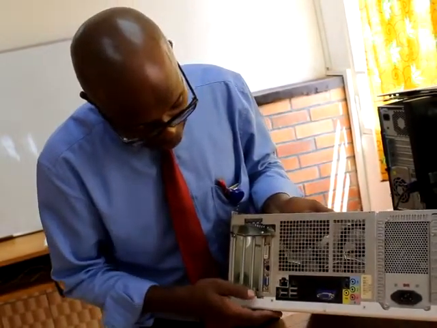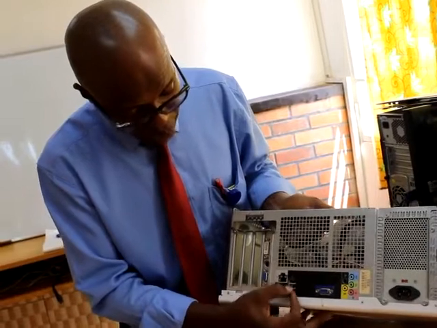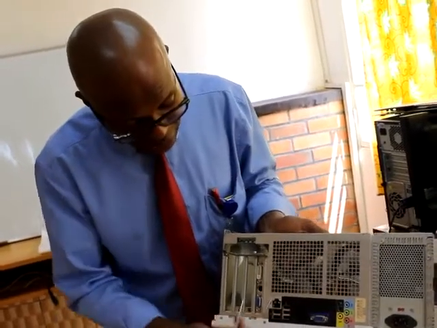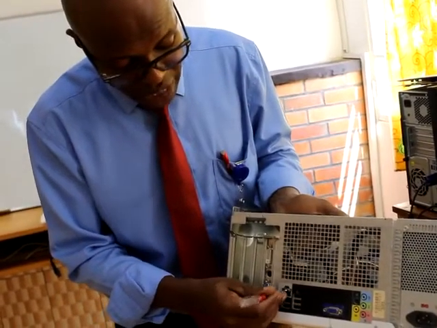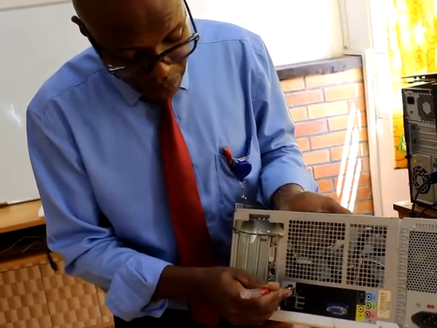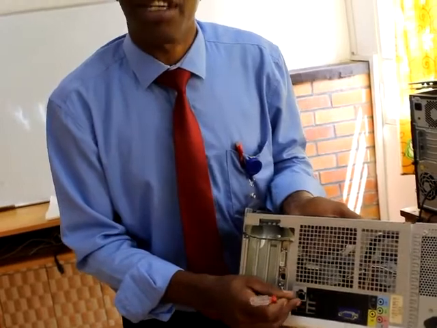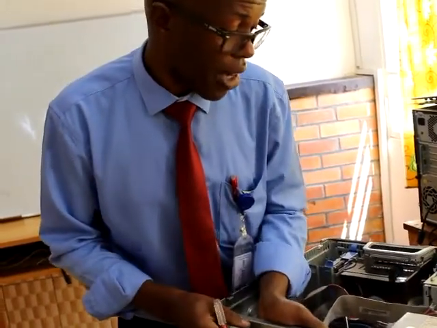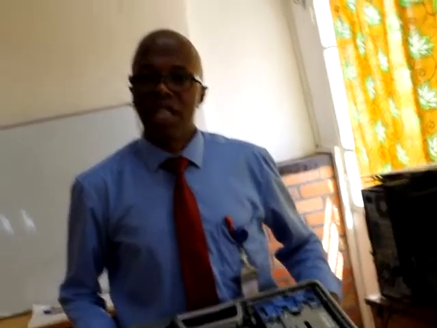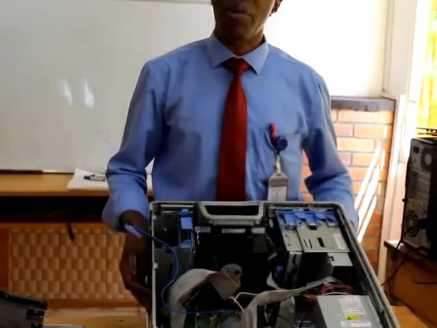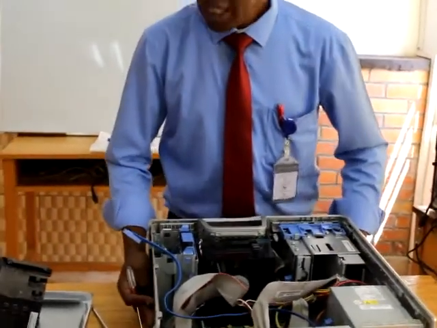Then also we have the USB ports. This one here, you can see, is just the network card integrated on the motherboard, which is the RJ45, as you can identify. I believe we have tried to look at almost most of the internal components of our computer system.